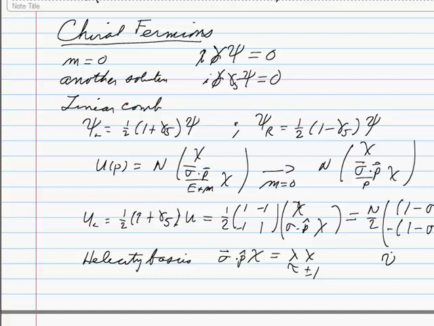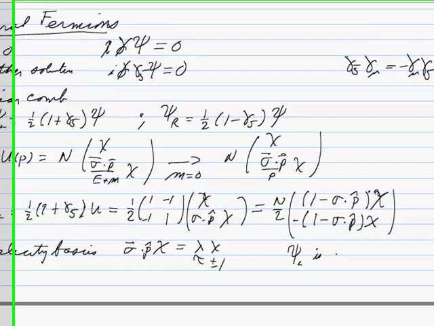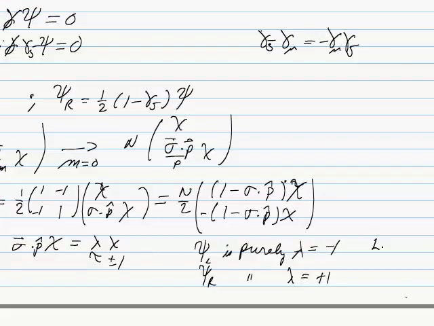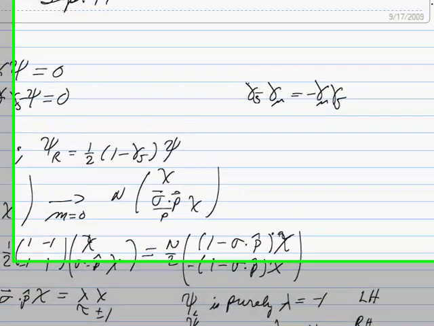The u left, psi left, is purely helicity lambda is minus 1. Psi right turns into purely lambda is plus 1. So it's left-handed helicity and right-handed helicity, helicity against or along the direction of motion. So the handedness here refers to that. Okay.